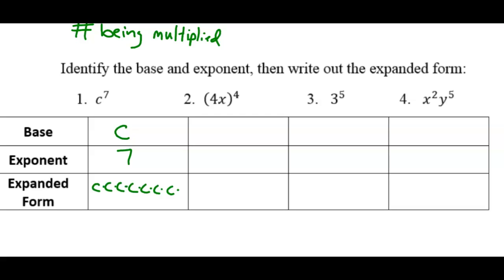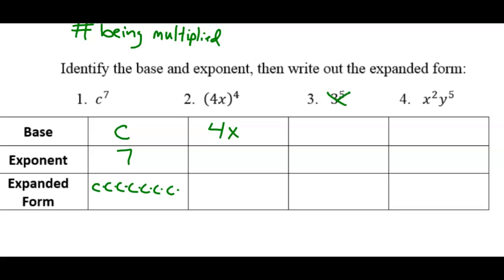So this one here, what's my base? 4x. Why is it not x? Because it's not by itself. So 4x is my base.